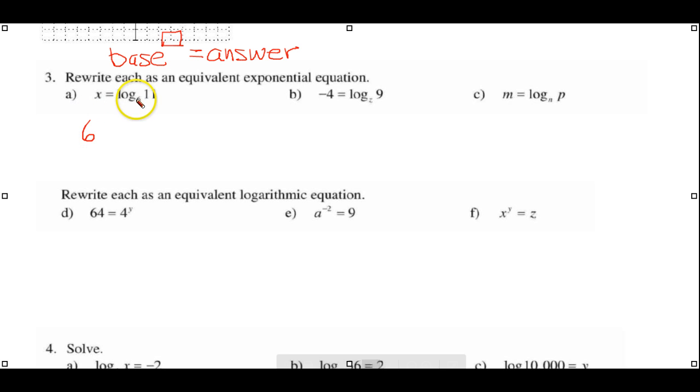Our base to an exponent, which will be x, equals our answer 11. Okay, our base z to an exponent -4 equals 9.